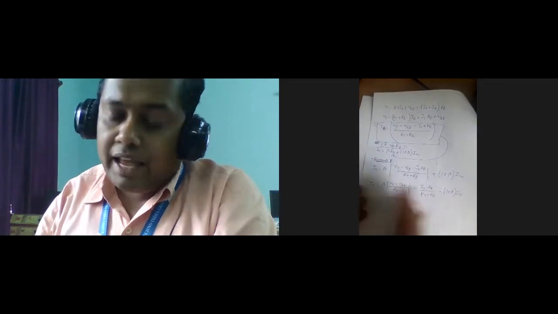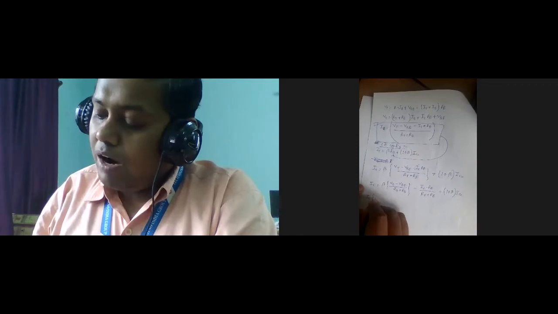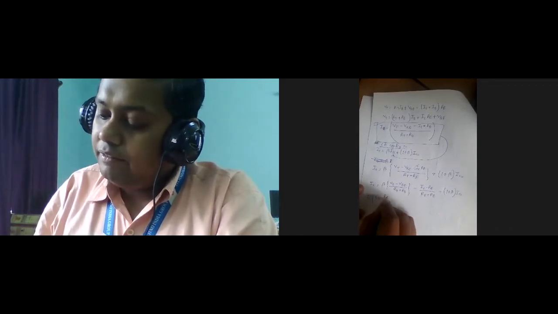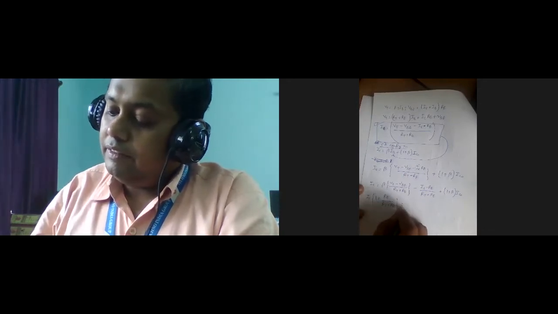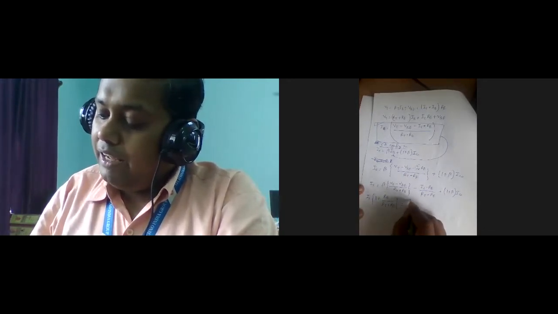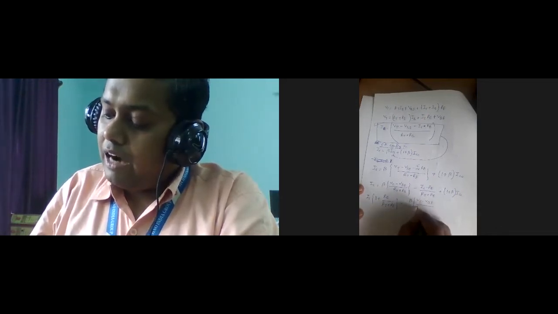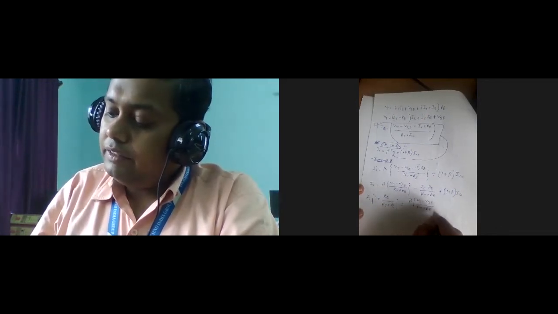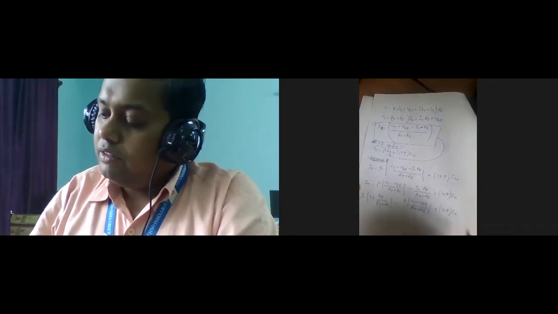Now we change the side over here, then IC into 1 plus RE by RT plus RE is equal to beta into VT minus VBE by RT plus RE plus 1 plus beta ICO.